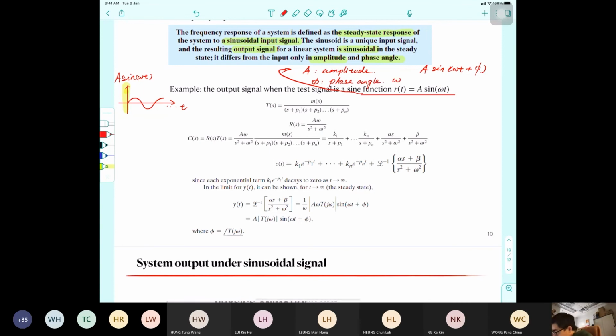What is omega? Omega is the frequency. 这个是 sine function 的三要素, three factors of sine function.